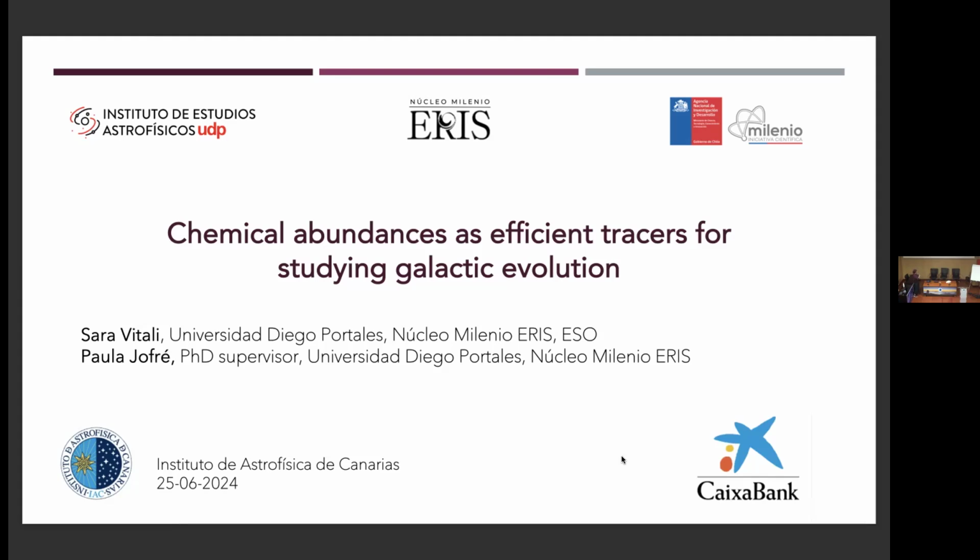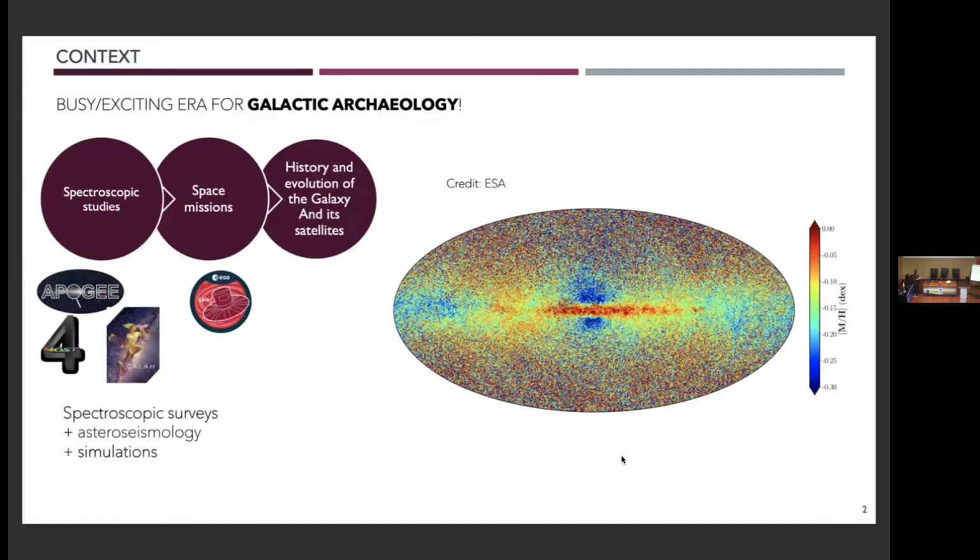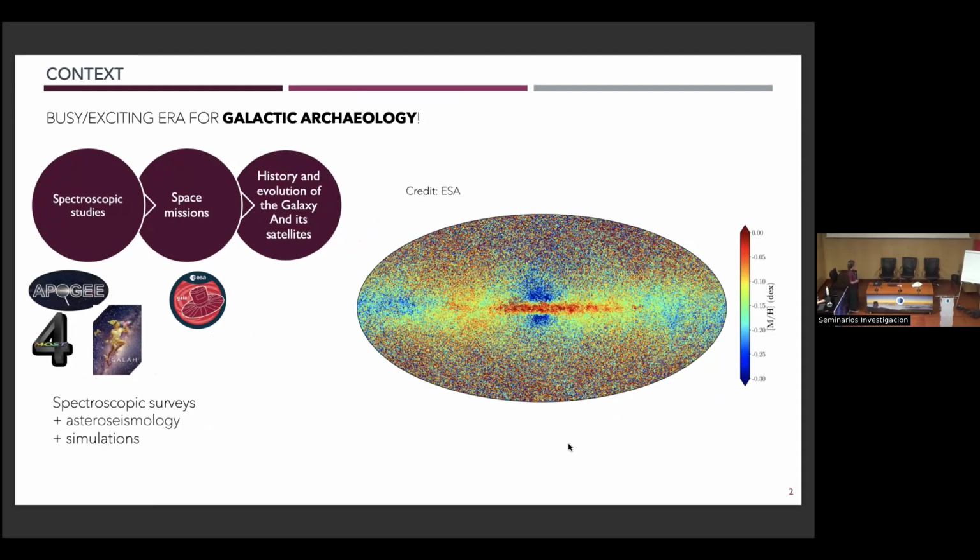Before starting, I'd like to remind us that we are living in an era that is very exciting for doing galactic archaeology, and this is the field that I'm working in for my PhD, because we are living in the era of the big data release from the large-scale spectroscopic surveys, as well as the data from space missions such as Gaia.